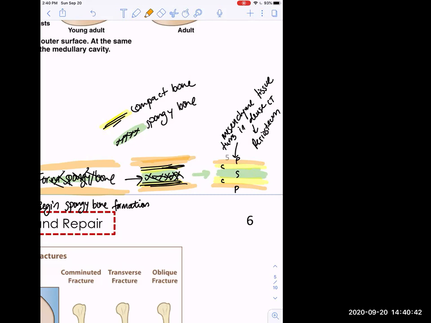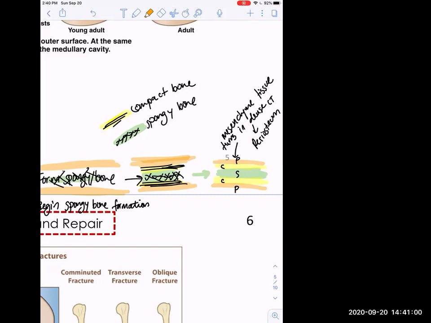However, you still have to keep some red bone marrow, as that serves as a stem tissue for blood cells. So you keep red bone marrow stored in the spongy bones of flat bones, irregular bones, and short bones.